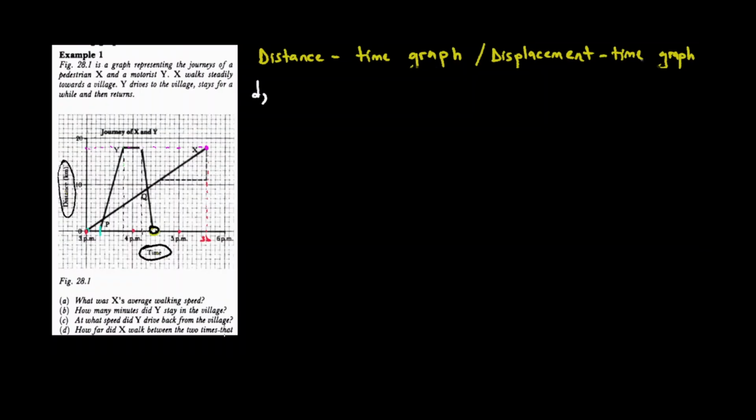Let me read it from the original text: how far did X walk between the two times that Y passed him? When they say how far, they are talking about distance.